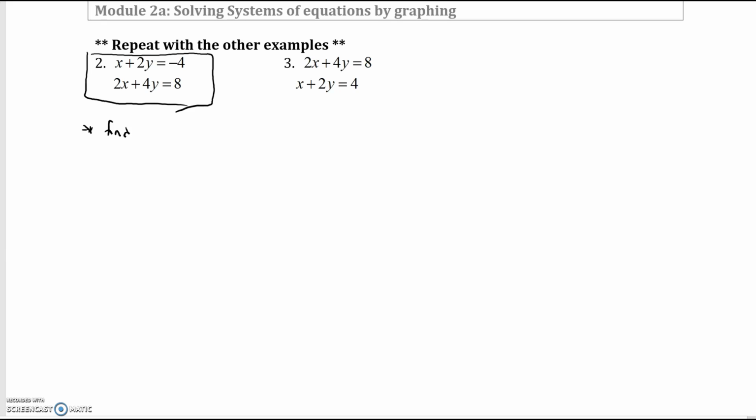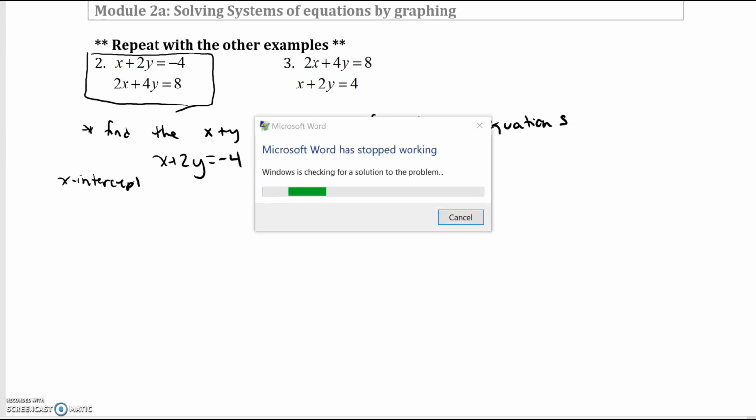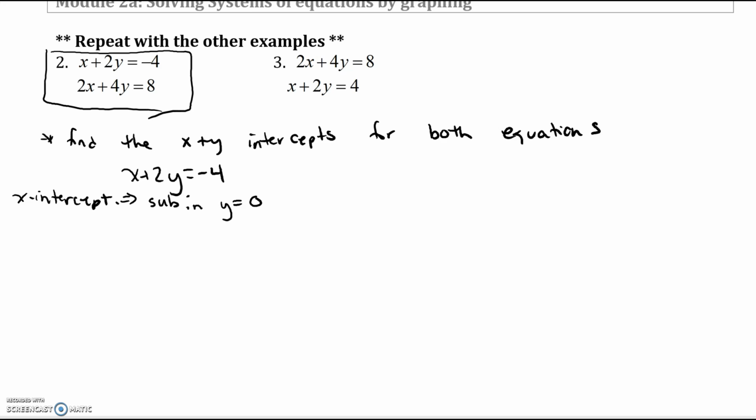So we will find the x and y intercepts for both equations. We begin with the line x plus 2y is equal to -4. For the x-intercept, we're going to sub in y is equal to 0.